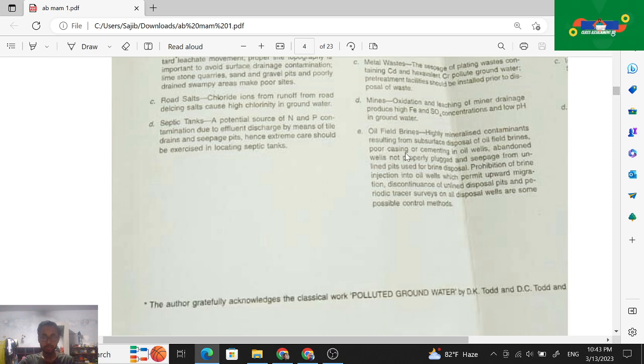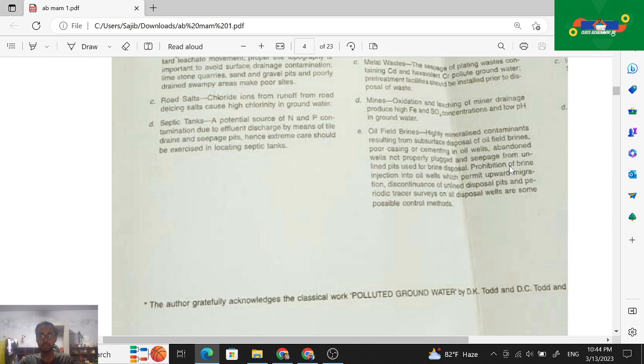Oil field brines: highly mineralized contaminants result from the subsurface disposal of oil field brines. Then poor casing or cementing in the oil wells, abandoned wells not properly plugged, and seepage from unlined pits used for brine disposal.